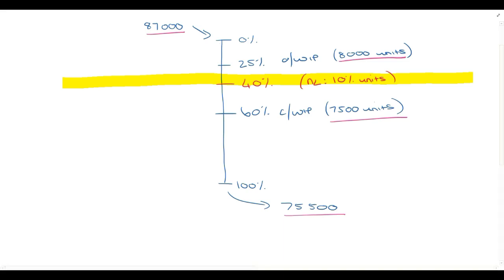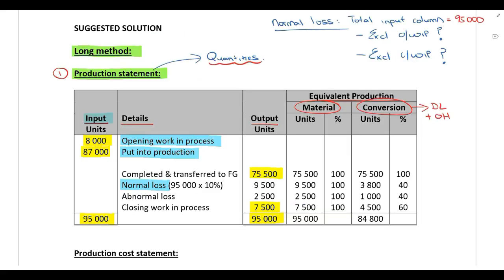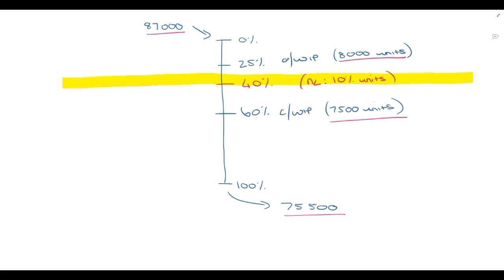We are trying to answer the question of whether I must exclude opening inventory. So we need to know, these units that are sitting in opening inventory, do they go through the loss points in the current period? Those 8,000 units, are they going to go through the loss points in the current period? Easy.